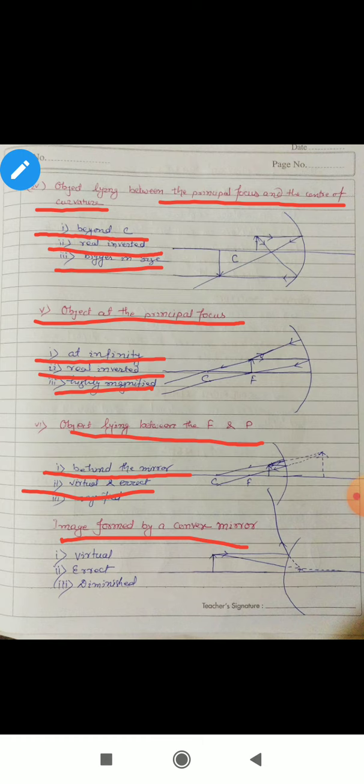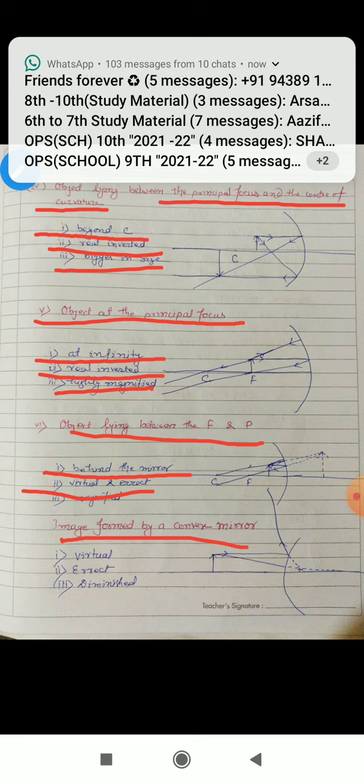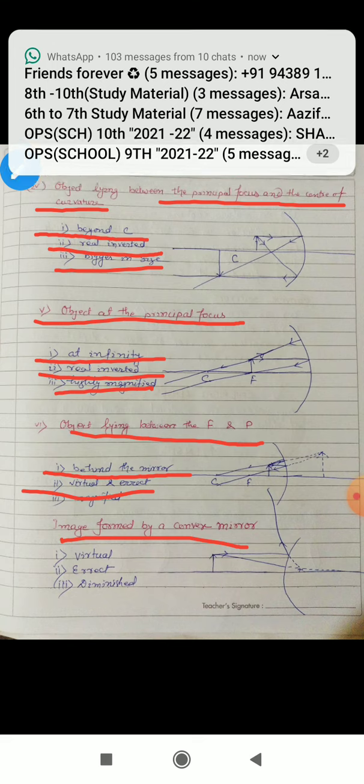Or, one ray which is parallel to the principal axis, and second ray we will take is the ray which is moving toward the center of curvature of the mirror. After reflection, it will return back in the same direction. And both the rays after reflection seem to intersect at a point, and that point is imaginary or apparent.